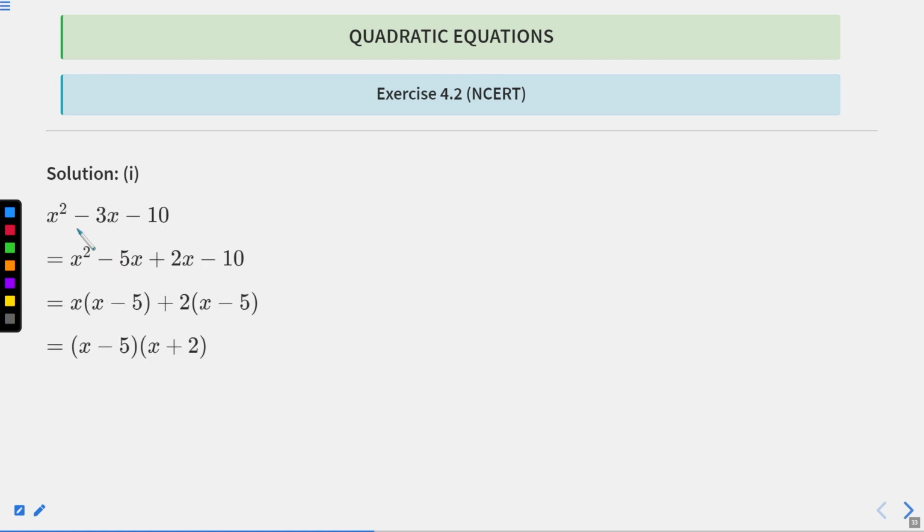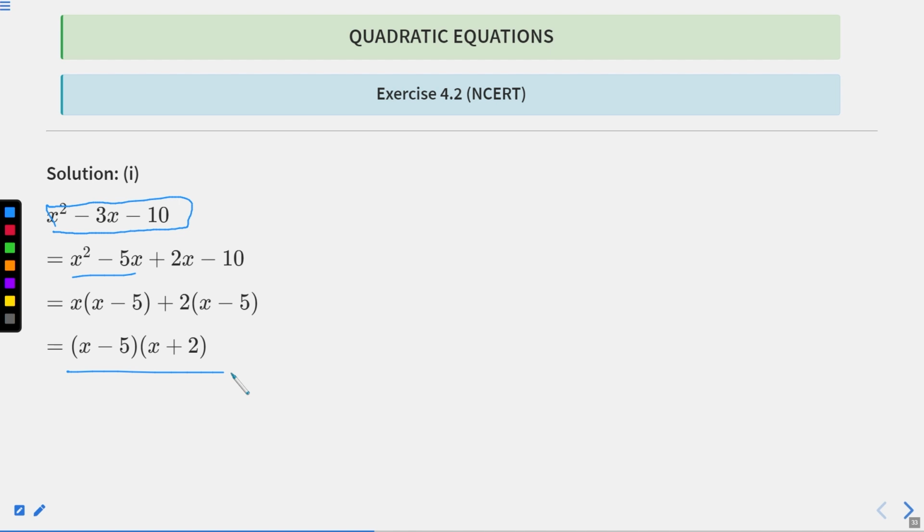If we split the middle term minus 3x as minus 5x plus 2x, it is equal to x square minus 5x plus 2x minus 10. Now it is equal to x times x minus 5 plus 2 times x minus 5, which is equal to x minus 5 times x plus 2. So this is the factorization of the quadratic polynomial.